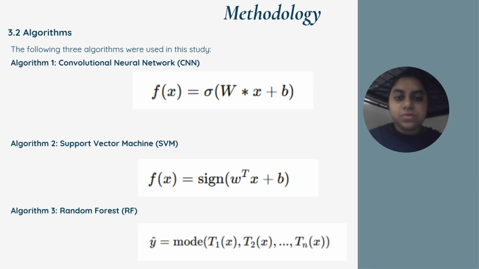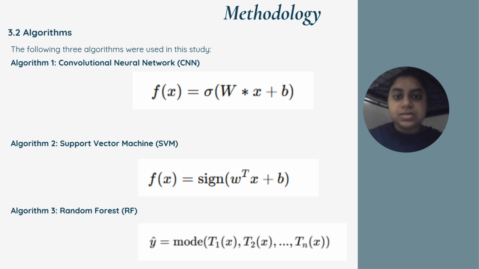Alright, next we'll move on to algorithms. Three algorithms were used in the study: algorithm 1, convolutional neural network CNN; algorithm 2, support vector machine SVM; and thirdly, random forest RF.